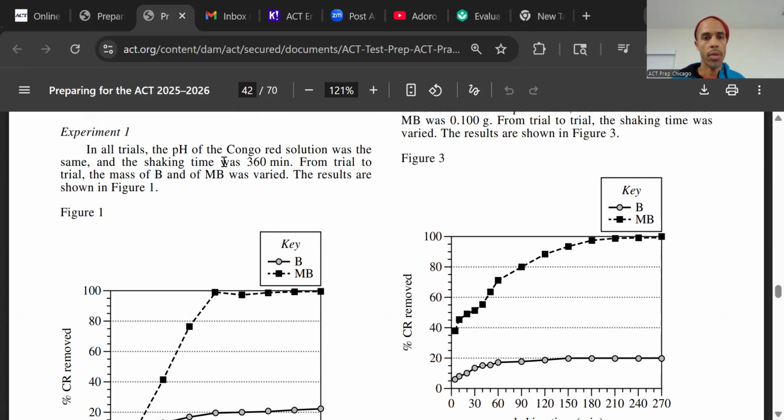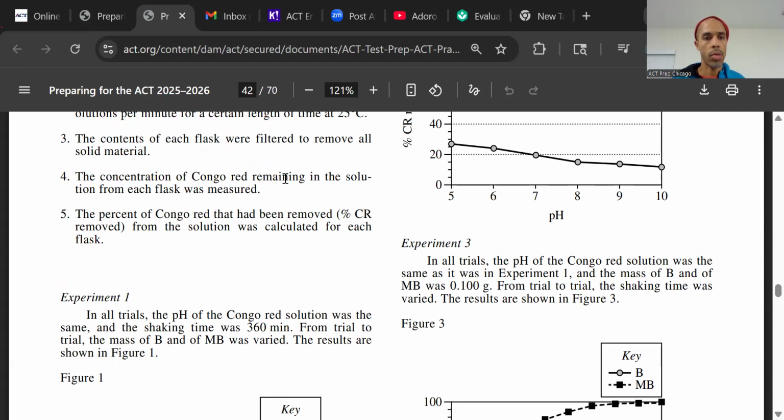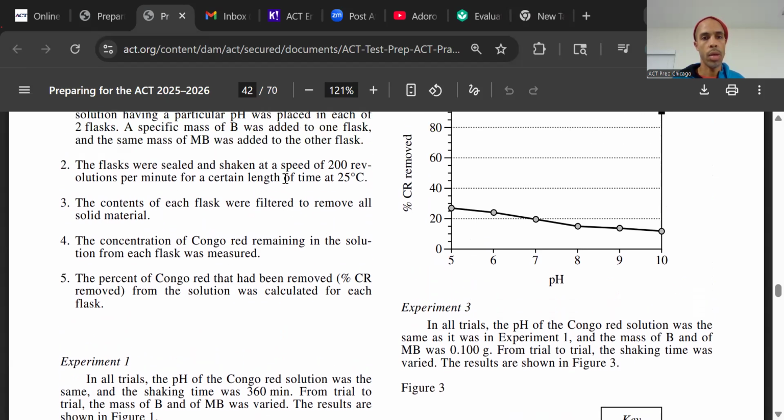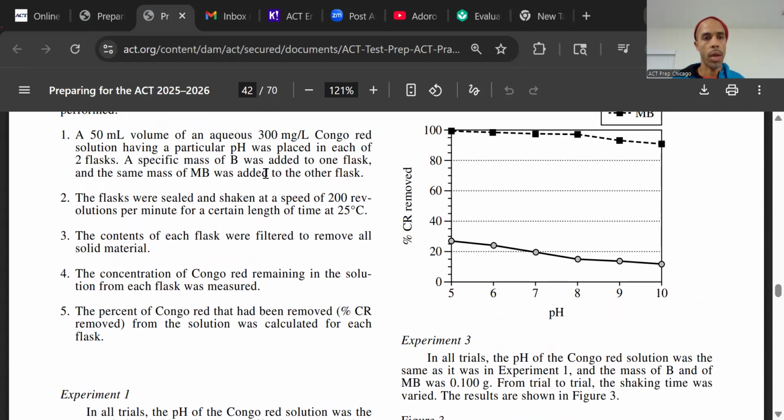In all trials, the pH of the Congo red solution was the same, and the shaking time was 360 minutes from trial to trial. The mass was varied. How'd they vary the mass? I guess they just added more or less. I was wondering if the shaking increased the mass. No, I didn't say that.